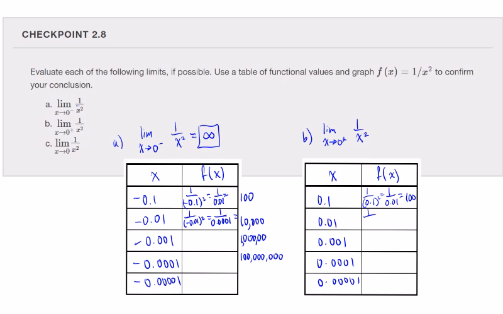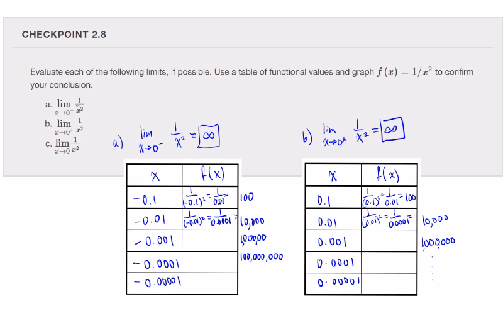When I do 0.01 squared, I'm going to get 1 over 1/10,000th, which will give me 10,000, and so forth, right? So it's actually a mirror image of what's happening here, right? It's going to keep adding 2 zeros every time. Every time I add 1 zero in front here, I'm going to add 1 zero behind here. Okay, and so forth and so on. So this is going to go towards positive infinity as well.